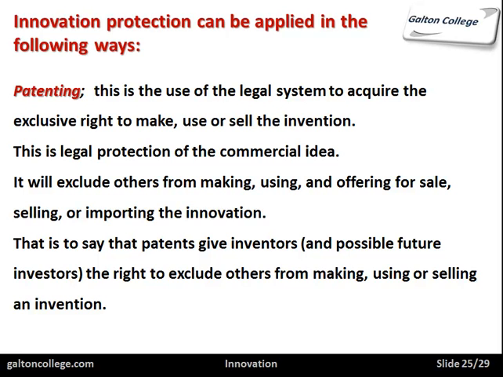It's protecting the innovator's idea. It excludes others from making or using or offering for sale, importing or whatever, anything associated with the innovation. So it grants the innovators a period of time, a number of years, within which others cannot make that product or innovate in the same way.